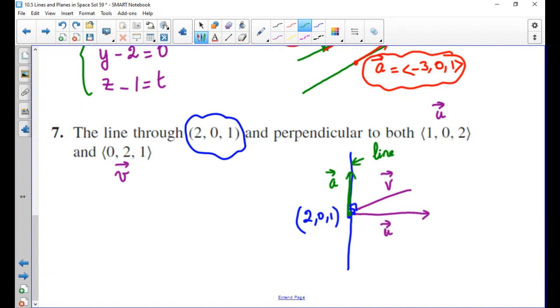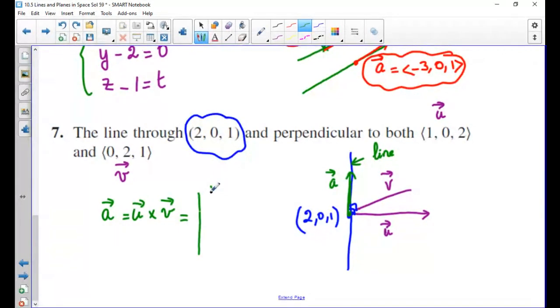If I take U cross product with V, I will get a vector in the direction of the line, exactly, because the line is perpendicular to U and V. So A, in this case, will just be U cross V. That will give us exactly a vector which we can use on the line.